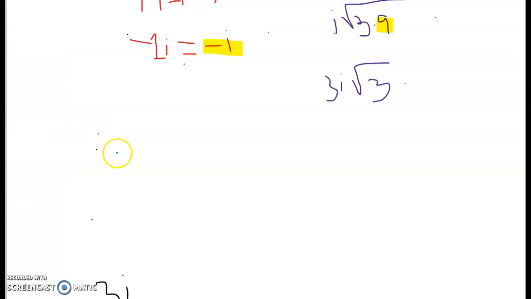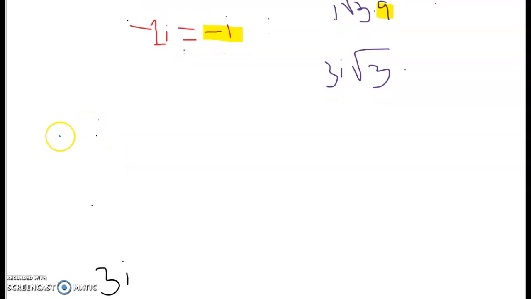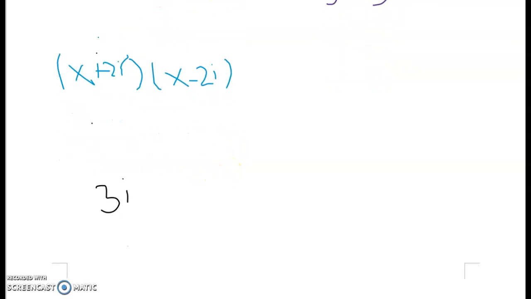So for the last problem, we got x plus 2i and x minus 2i. Sorry, we treat this as normal multiplication.